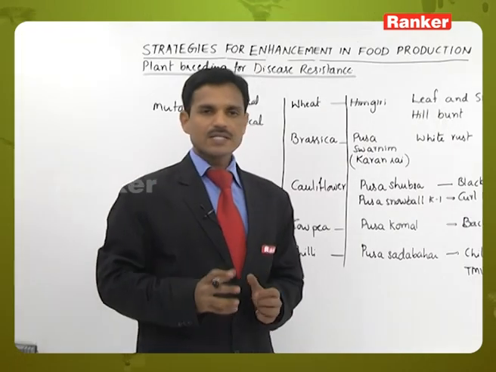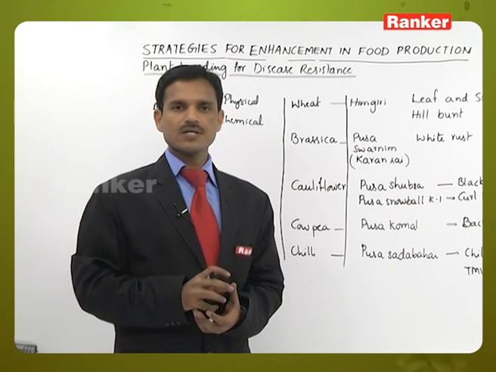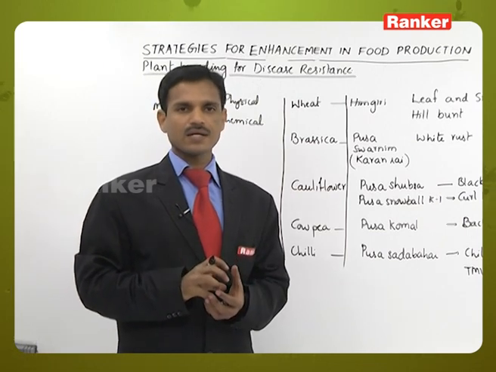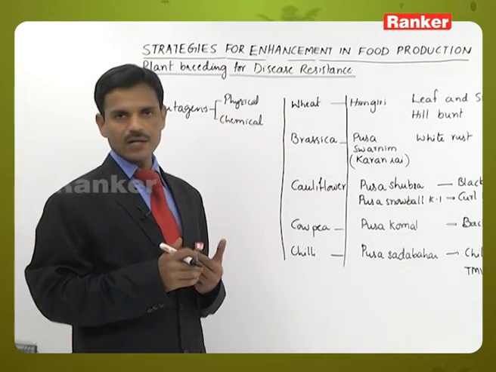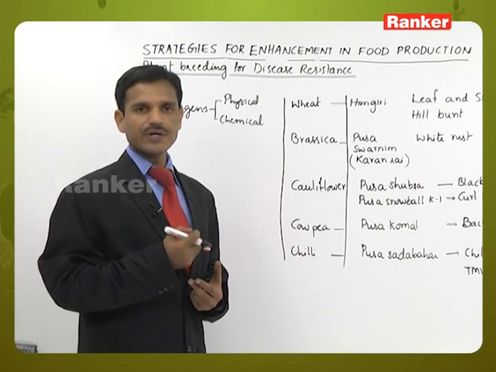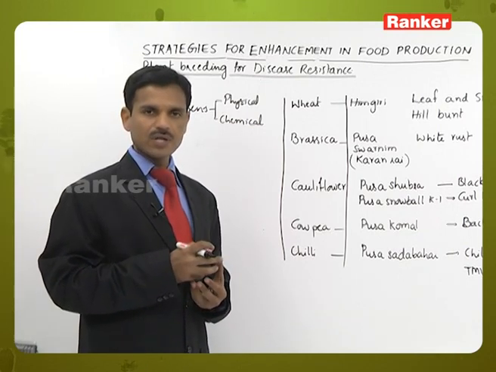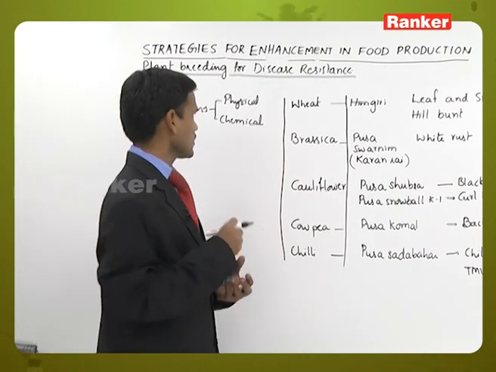Physical mutagens are like X-rays, gamma rays and beta rays. Different physical rays are there. Ultraviolet rays induce mutations, changing the base sequences or nucleotide sequences in the DNA or genetic material.